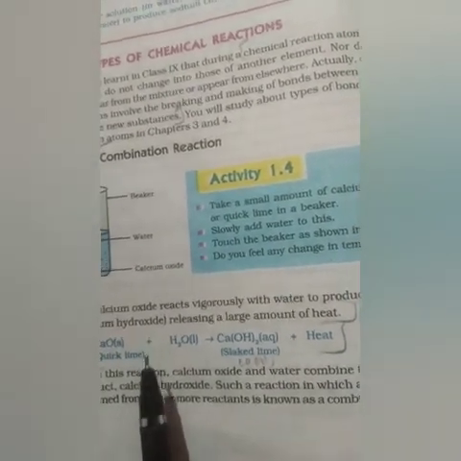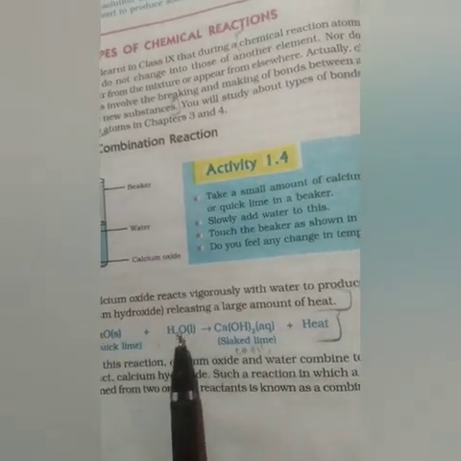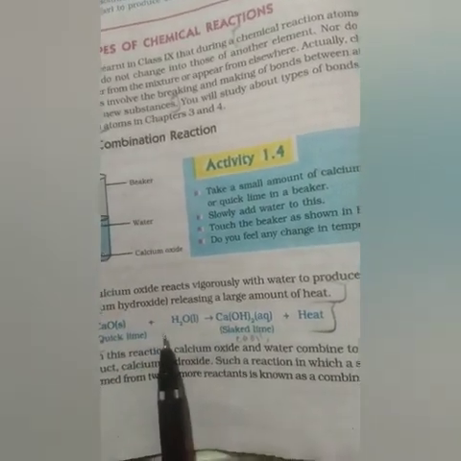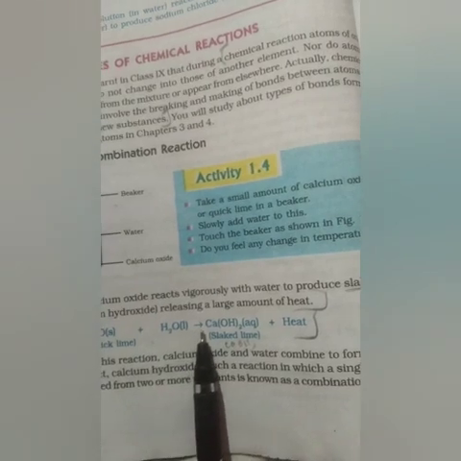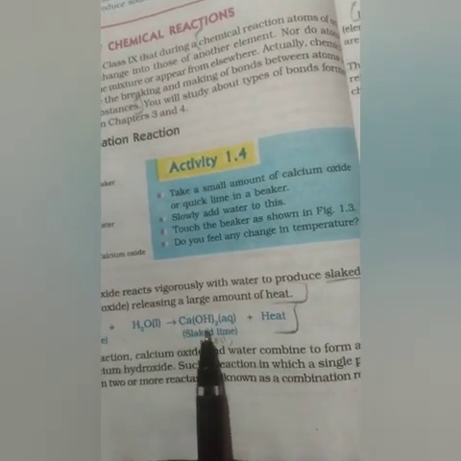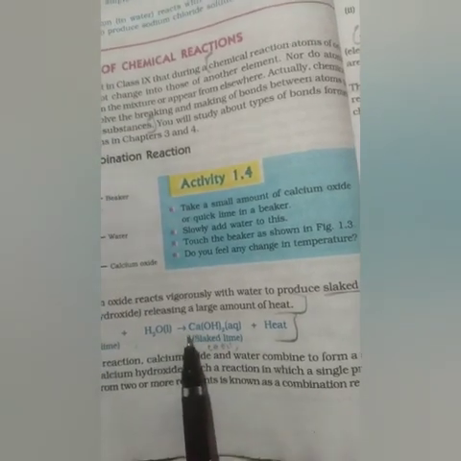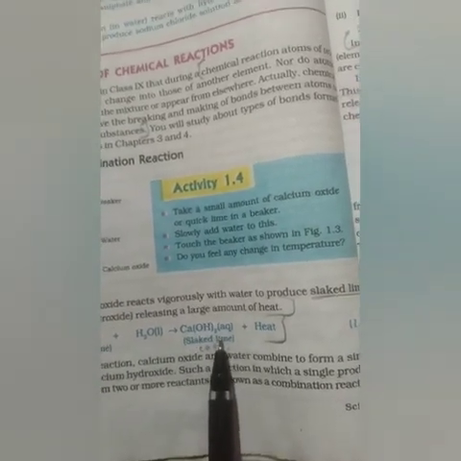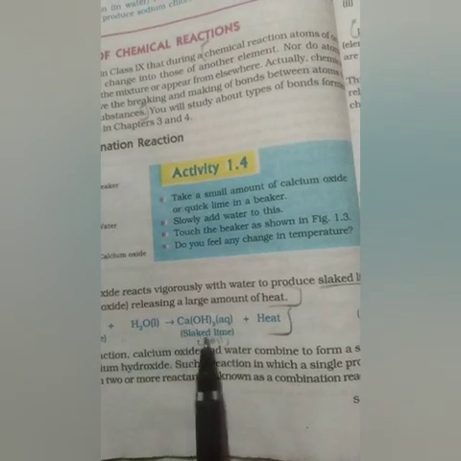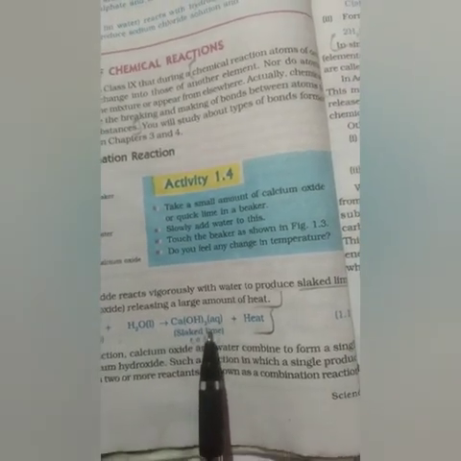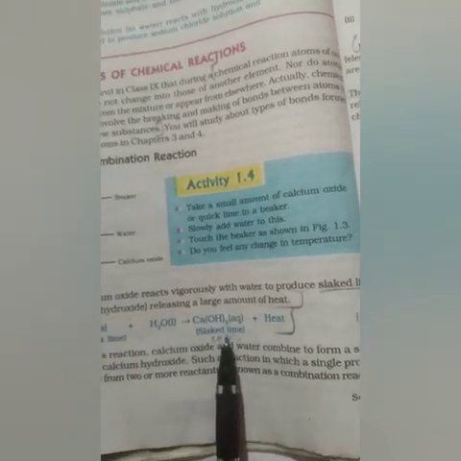It indicates there is one more reactant present in this reaction. After that we insert an arrow, which indicates the product. After the arrow we write the product, that is calcium hydroxide.